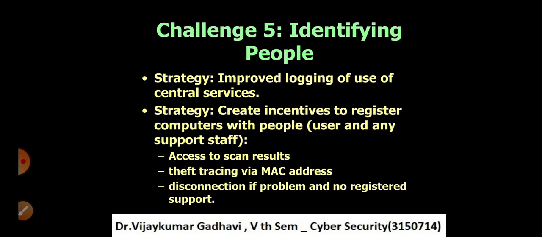People are users and any support staff, the technical support staff. They can perform access to scan results, theft tracing via MAC address, where theft means unauthorized use, disconnection if problems, and no registered support.